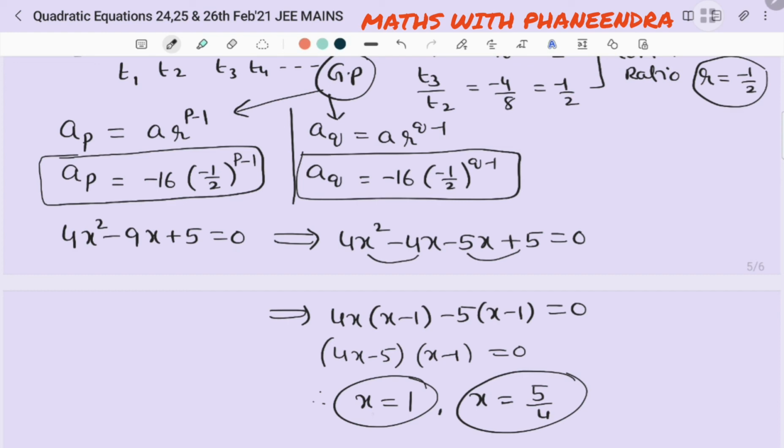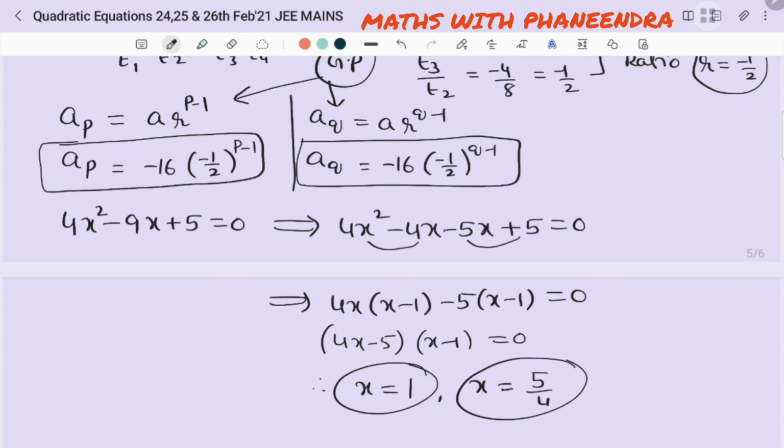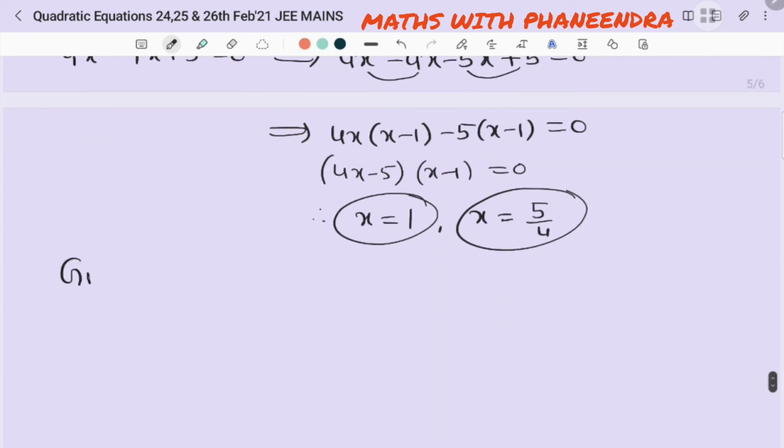Better to take x is equal to 1 for verification. Given the geometrical mean of AP, AQ is satisfying the equation, that means x is equal to either 1 or 5 by 4. Any one of them you can take, but better to take 1.